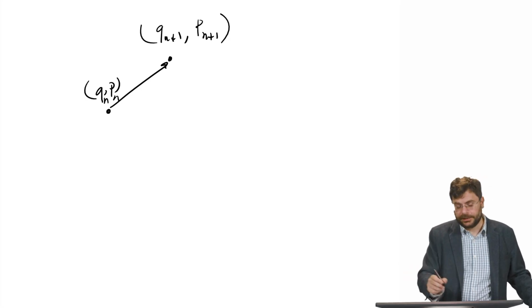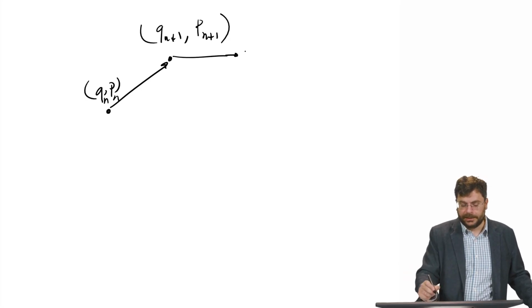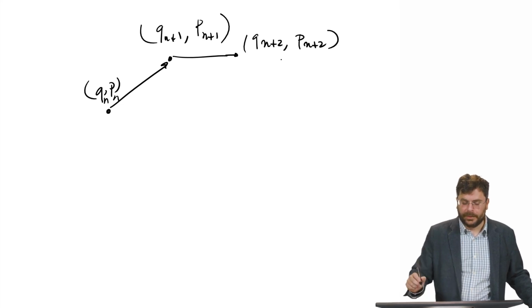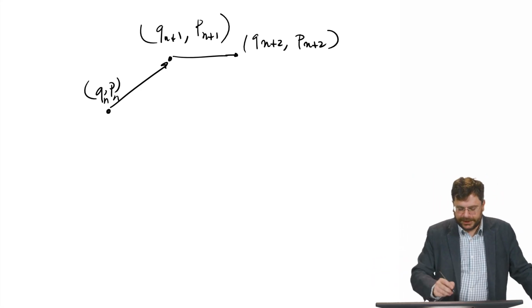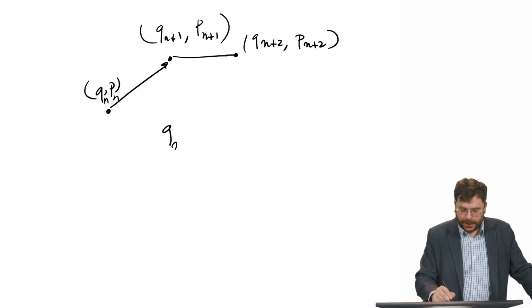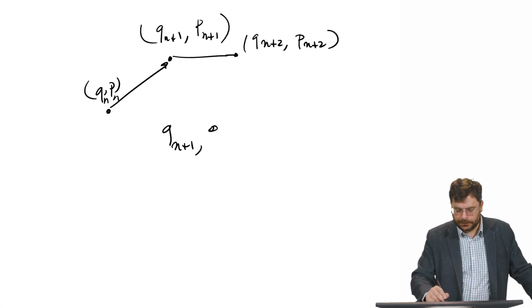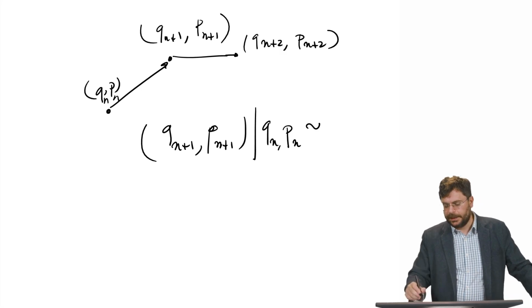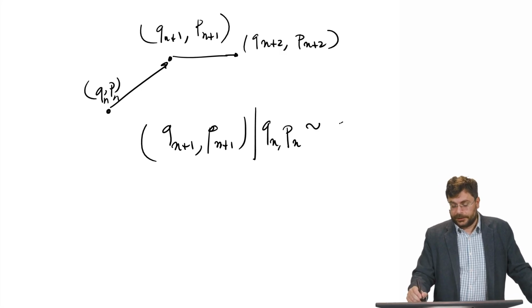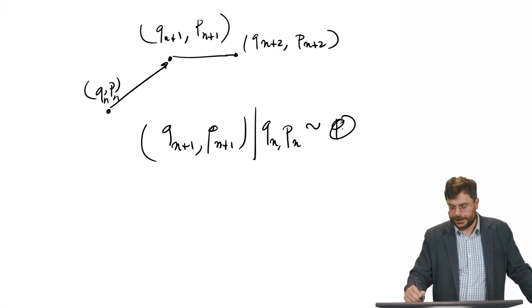And depending on what my forces are at some point in the future, I might end up at another very specific point, qn+2, pn+2. So in some sense, we can already tell that the transition probability bringing me to state qn+1, pn+1, given my qn and my pn, that q that we had mentioned earlier, will probably be a delta function.